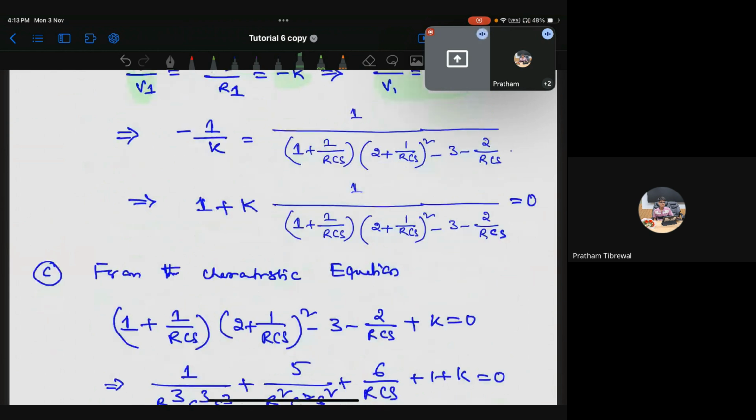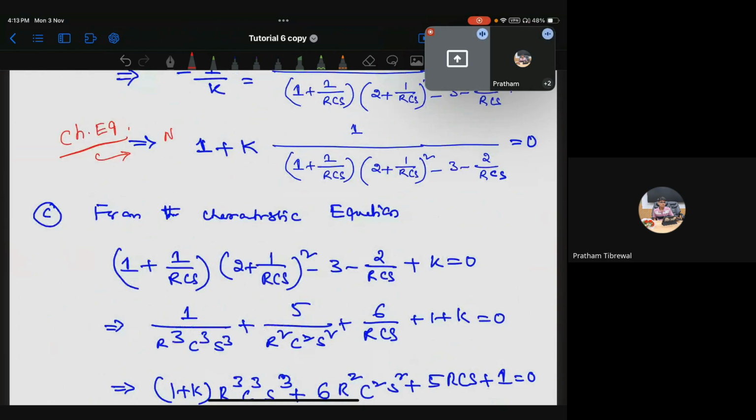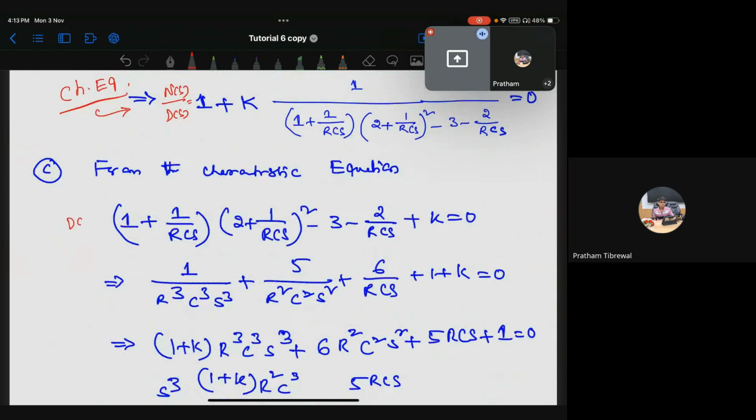Once you substitute, your characteristic equation becomes like this, numerator by denominator, where the denominator D(s) equals 0.